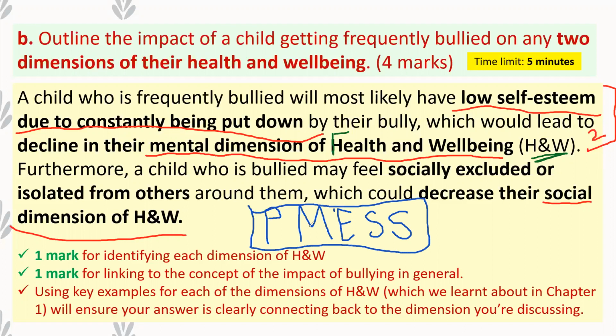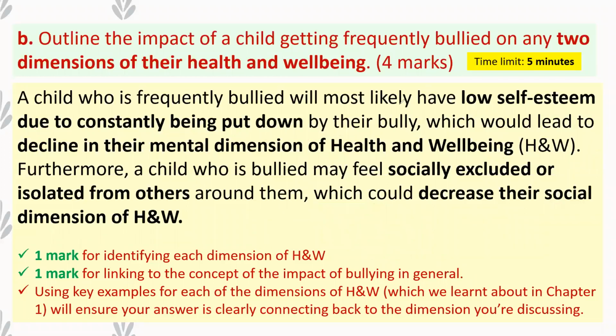So it's physical, mental dimension, emotional dimension, social dimension, and spiritual dimension. So if you've mentioned anything in your answer that doesn't come under these 5, then that would be incorrect, and you would lose a mark for not correctly identifying the specific dimension of health and well-being. Okay, but that's essentially what you would write to get the full 4 marks.